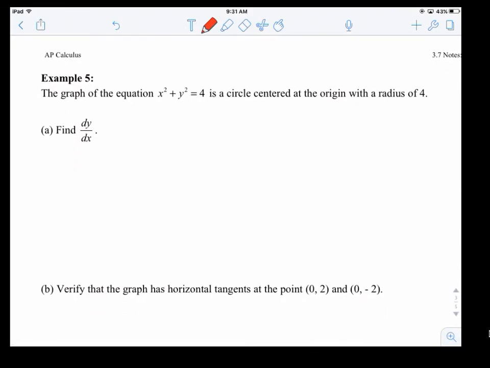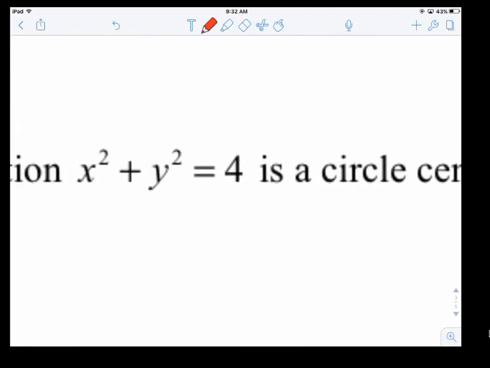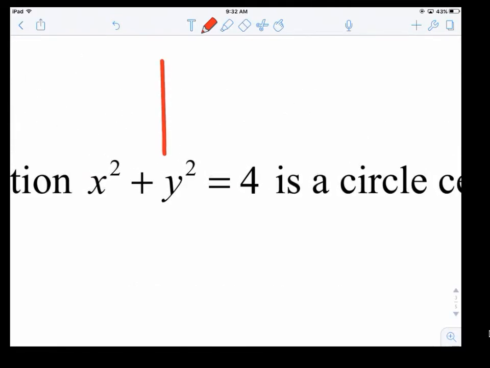All right, so the graph of the equation x squared plus y squared is a circle centered at the origin with a radius of 4. So you have your circle, right?